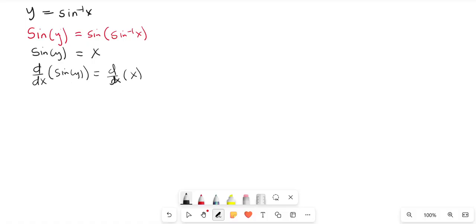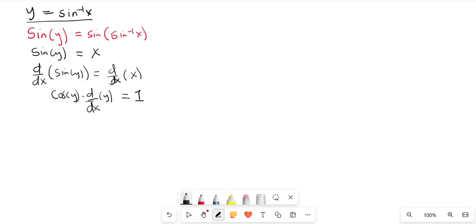So using the chain rule, the derivative of sine is cosine of y, but y is a function of x, so we have to differentiate y with respect to x. The derivative of x with respect to x is just 1.